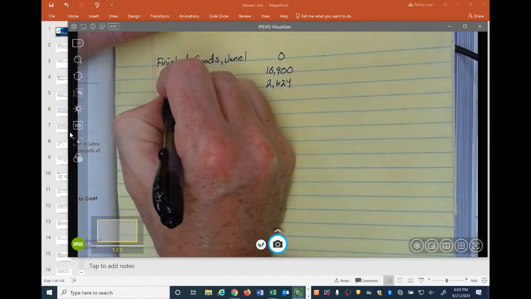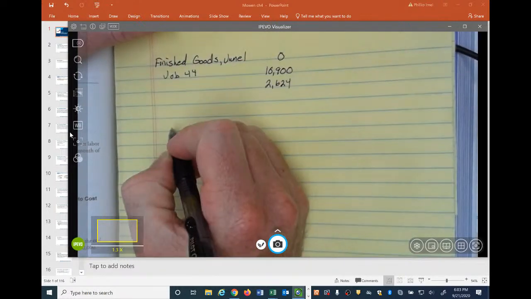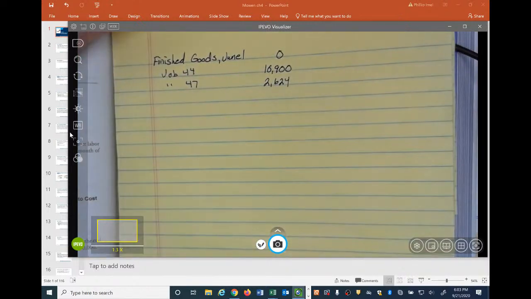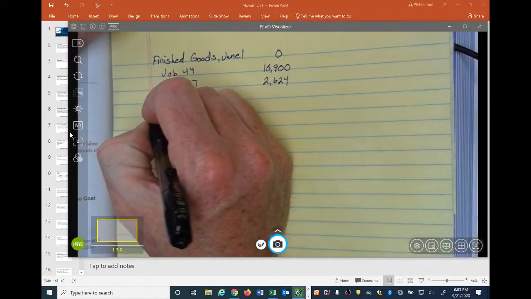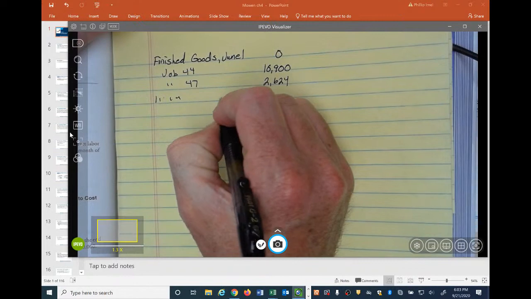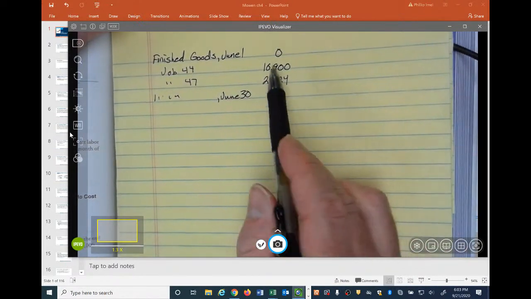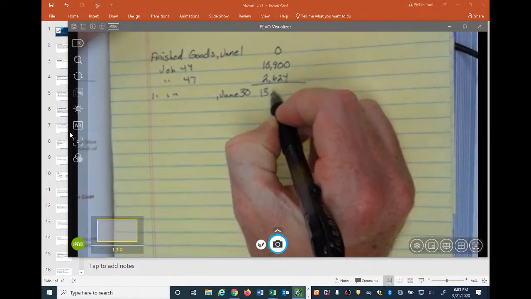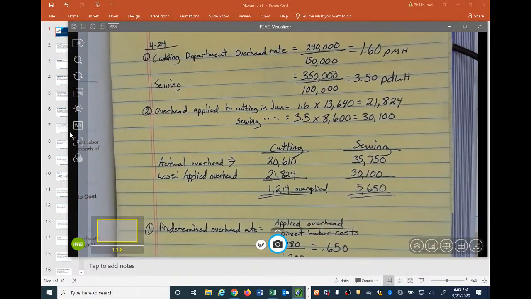That's job 44 and job 47, okay? So then this will be the finished goods on June 30th. So we just add these together, gives us $13,524. Everyone get that?